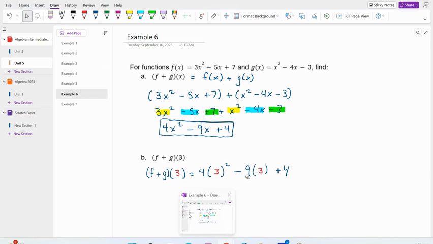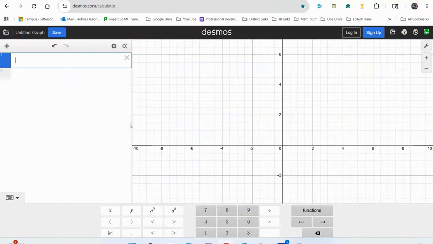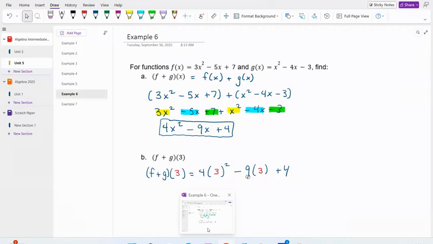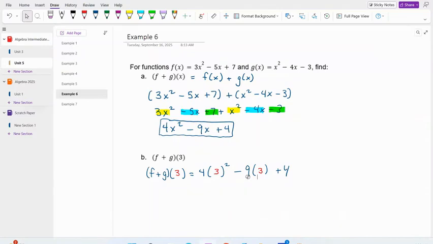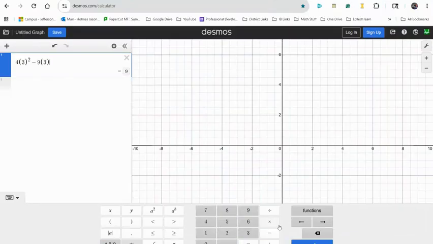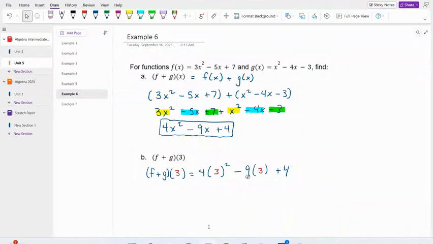And we've got 4 times 3 squared. So 4 parenthesis 3 parenthesis squared, minus 9 parenthesis 3, plus 4, equals 13.